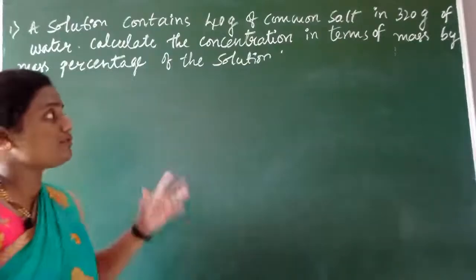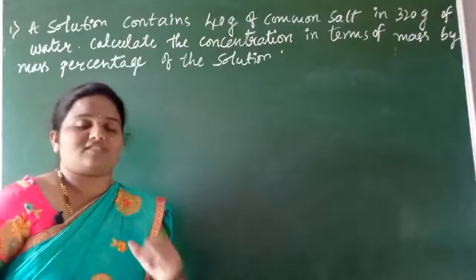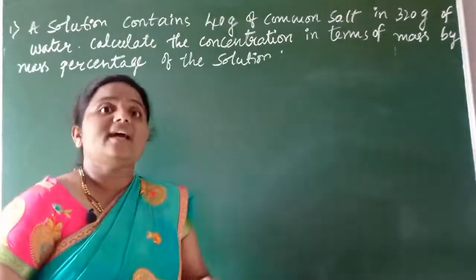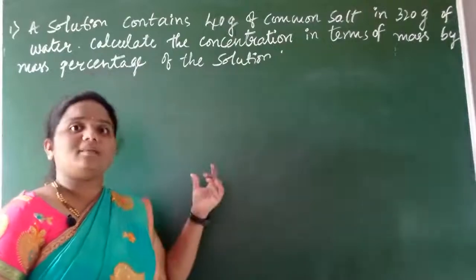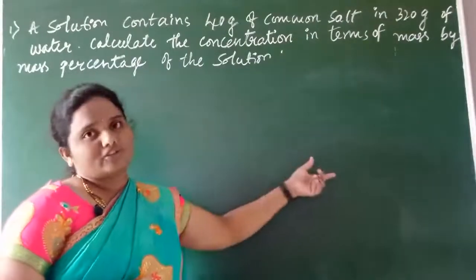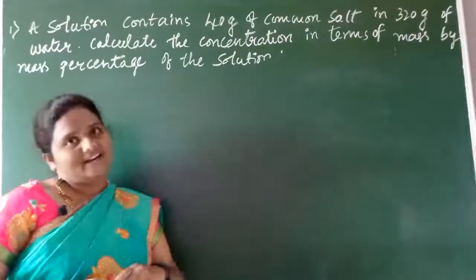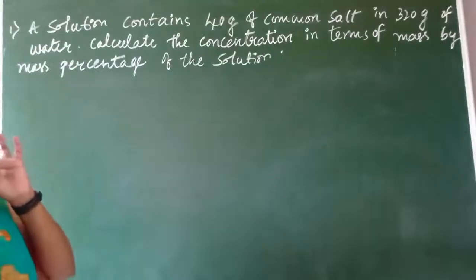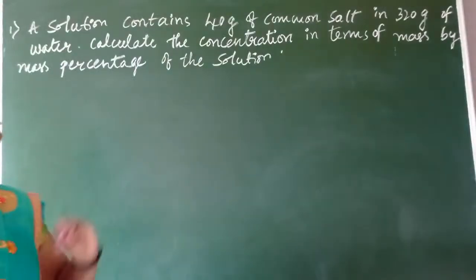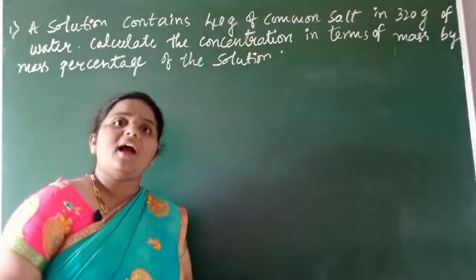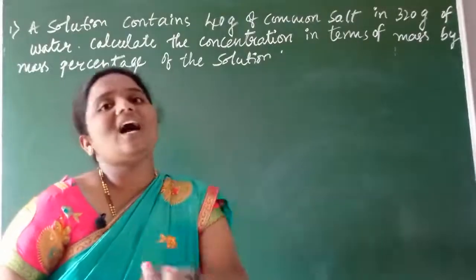I hope you know which formula we have to use now. Yes, very good, children. We have to use mass by mass percentage: mass of solute divided by mass of solution into 100. First, let us take how much solute and solvent is present in the solution, because a solution is nothing but the amount of solute and solvent.